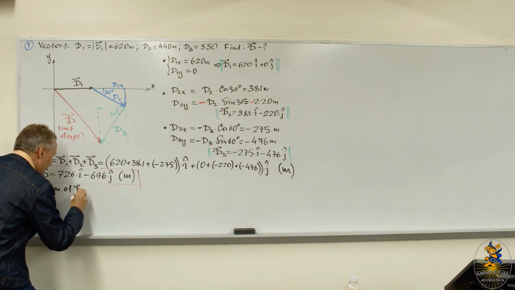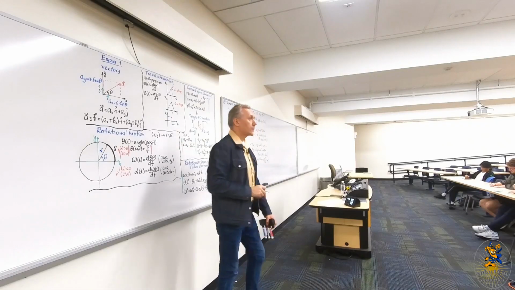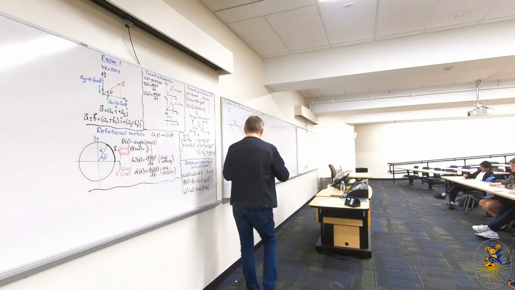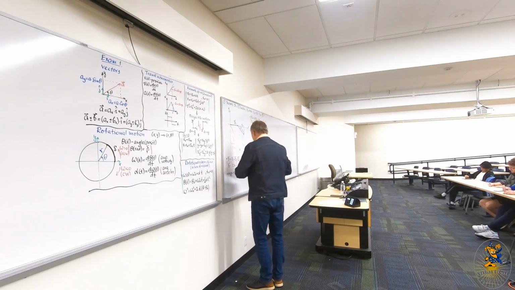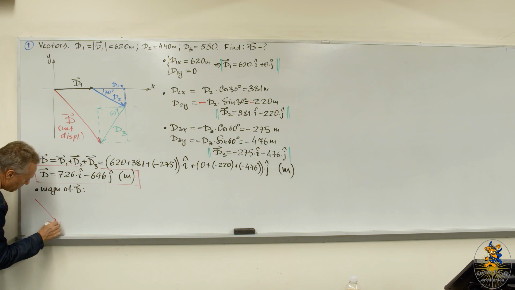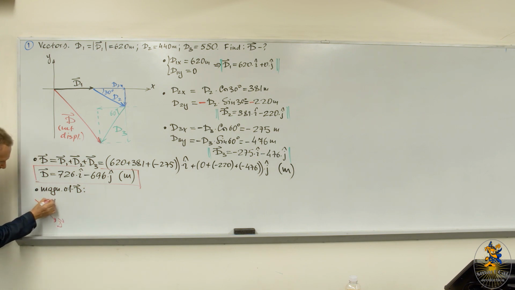of D. So what do we have to do? So you know what, maybe I will draw it underneath. So essentially we found D, and this is our dx, and this is our dy.